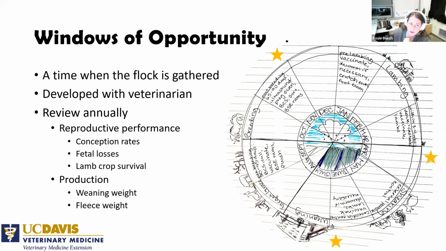And then we have our breeding period, and post-breeding, potentially 65 to 90 days after, we would bring them together again and ultrasound these animals to see if they're pregnant. We could do body condition scoring at that time and sort them, depending on the operation.